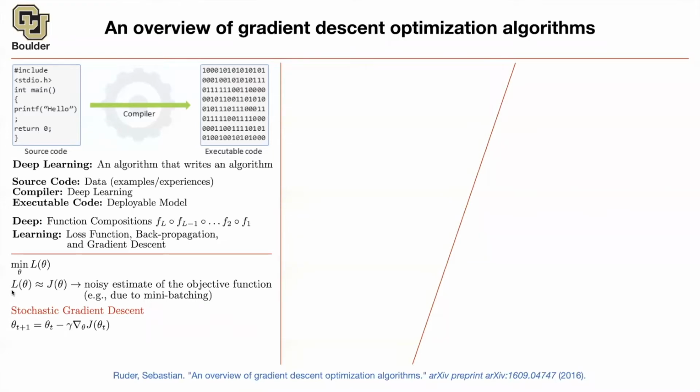Can I ask you a quick question about J? Yes. So J is an estimate of the objective function because we're only training on a subset of data. Is that why? Or within that subset, are we doing something else? It's an estimate because you take a look at your data in mini batches. Let's say you are doing mean squared error. That's your objective. And let's say you are doing a regression.